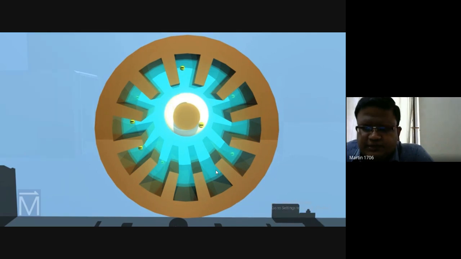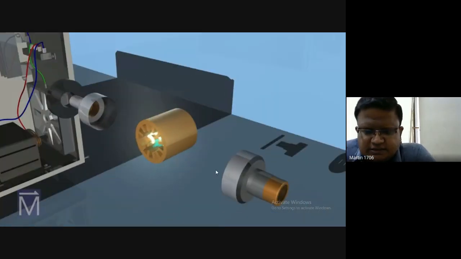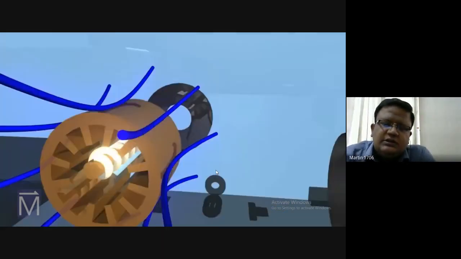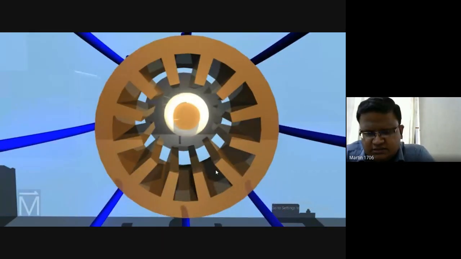Please see the filament glowing with very high intensity due to the cluster of electrons. How the biasing takes place? The blue lines are nothing but the flux lines.